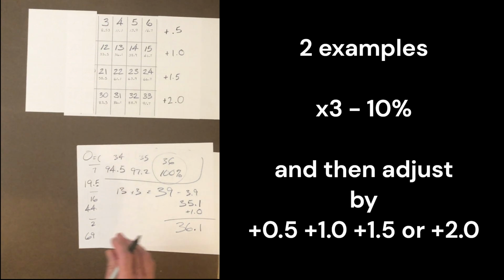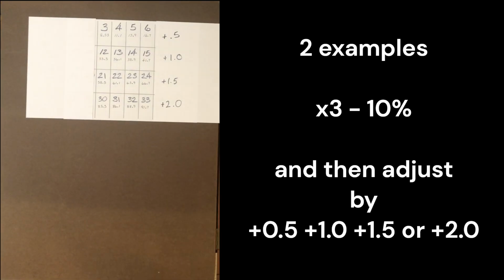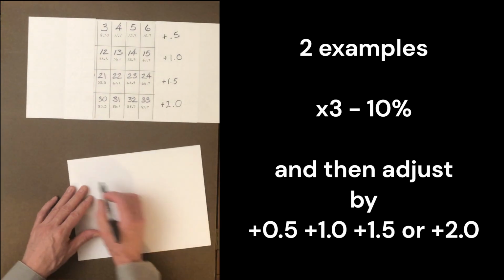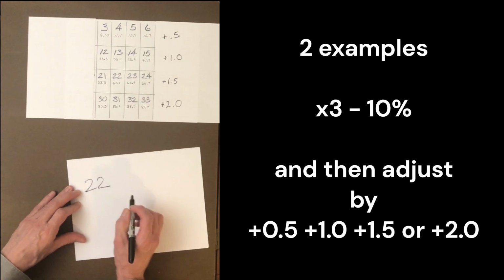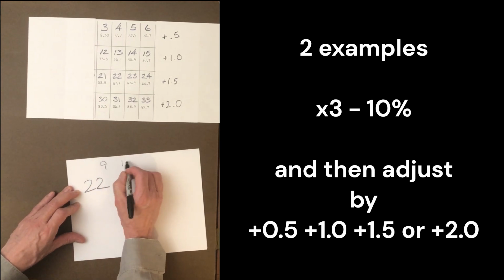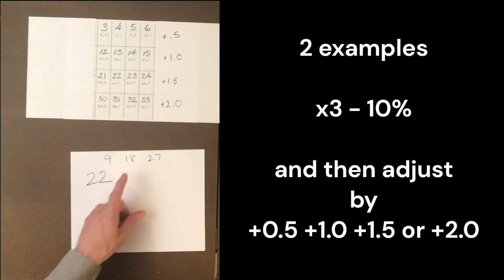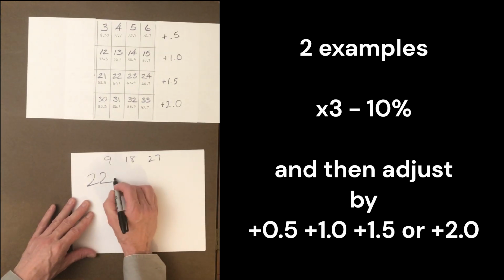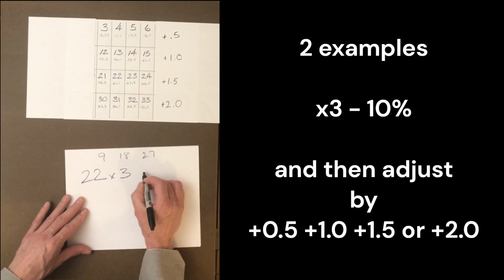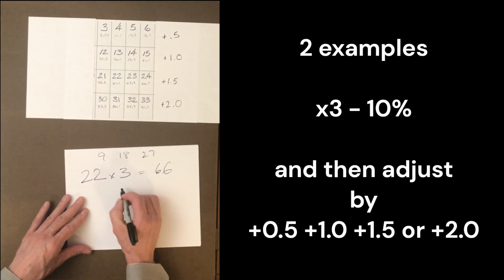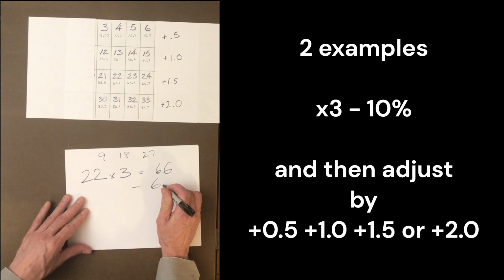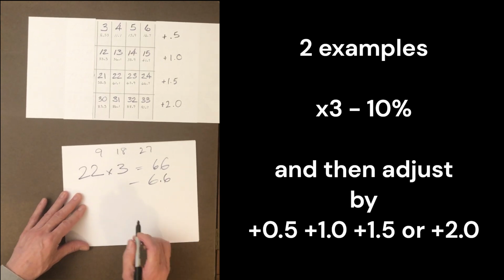And let's do one more example. Let's do 22. So we have 22. Our numbers we're looking for are 9, 18, 27. It's not 2 away. It's close to 18, but it's not there. So we're going to use our method. Times 3 is 66. We're going to subtract 10%.